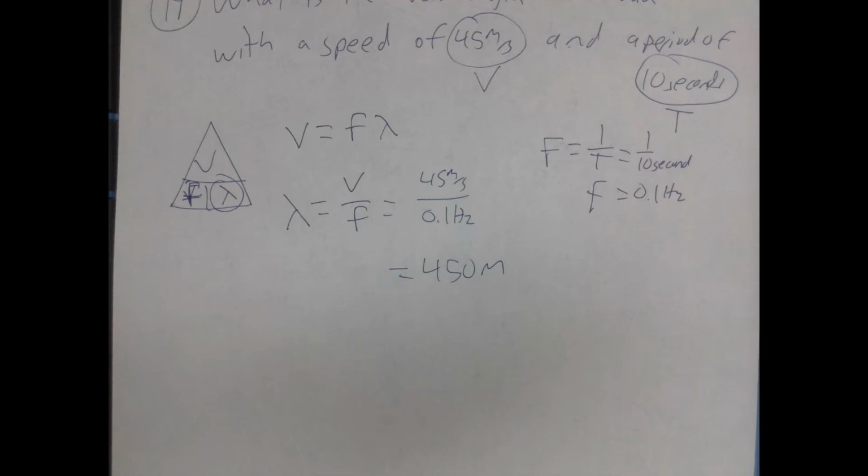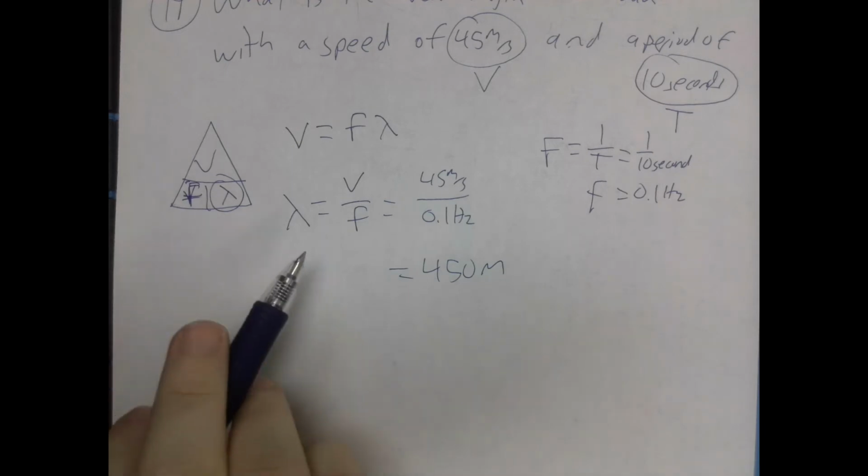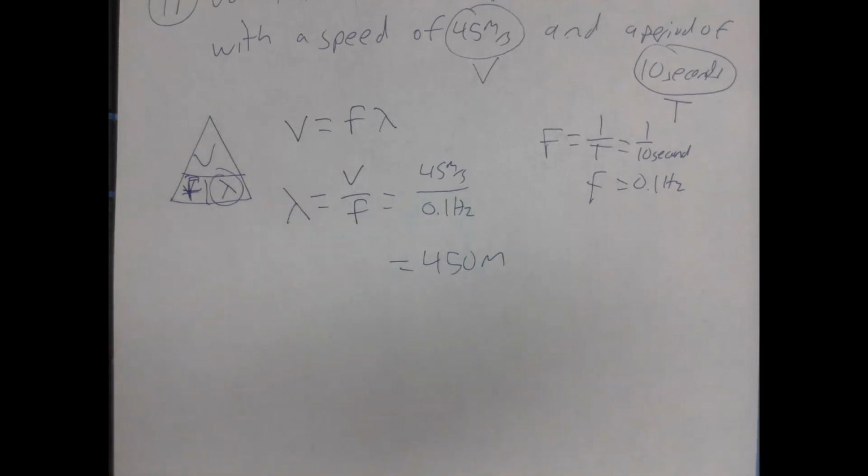One question asks you to find the period of a wave, and y'all just solved for F, but didn't convert it into a period. That would be number 13. Number 13 tells you that a wave travels through a spring at 2.5 meters per second and has a wavelength of 1.3 meters, and asks you for the period.